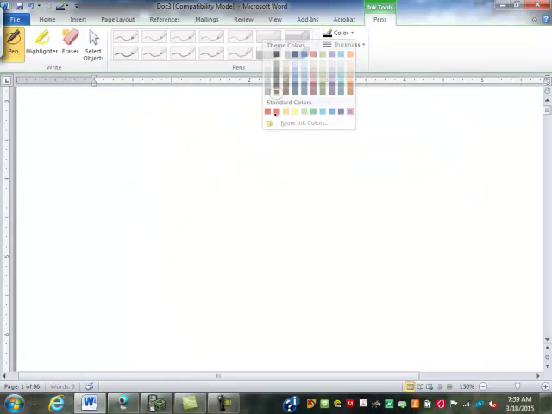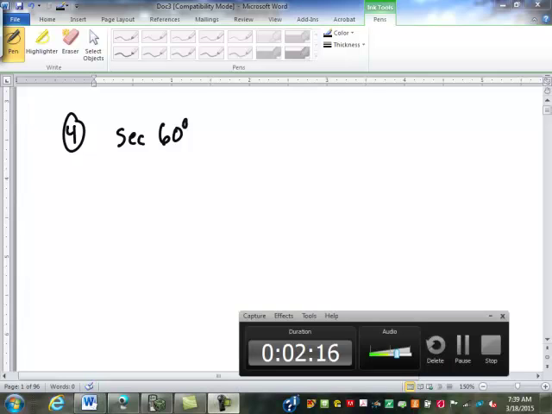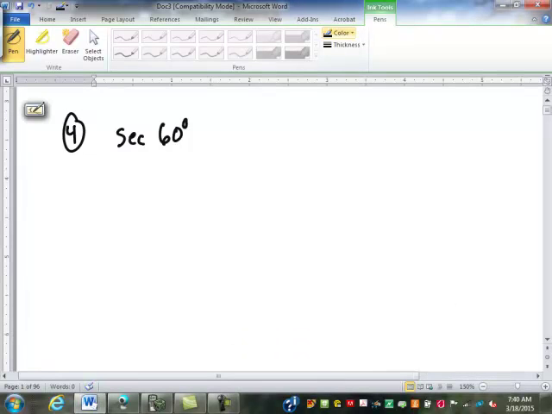Let's see how much you remember about secant. If you guys remember, secant isn't on your calculator. But we found a relationship between secant and one of the other trig functions. Cosine.